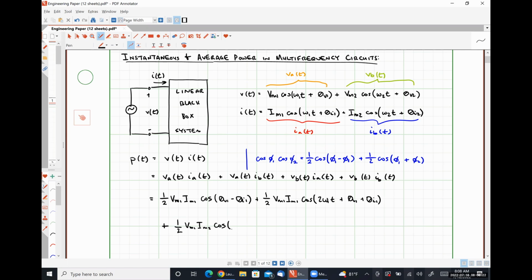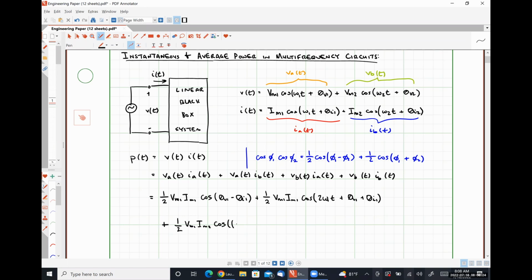So this is going to look like omega 1 minus omega 2 t plus theta V1 minus theta I2. And then we're also going to have the second part of applying our trig identity.